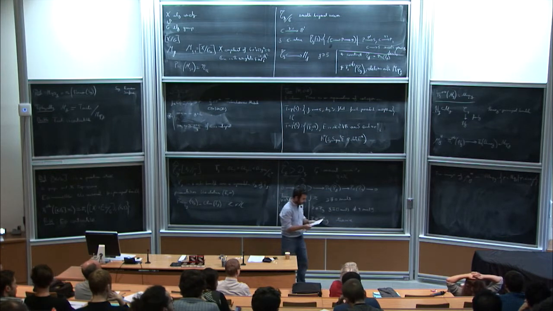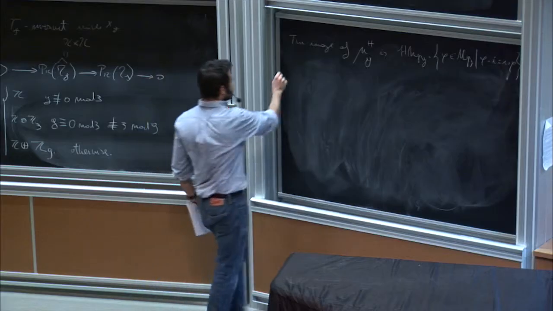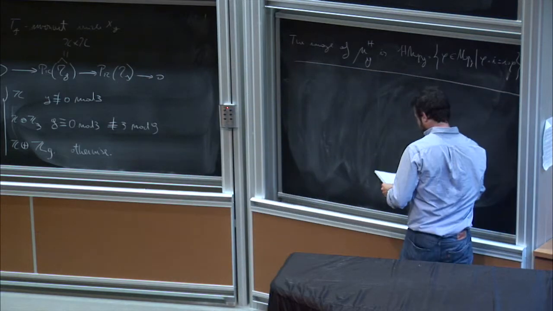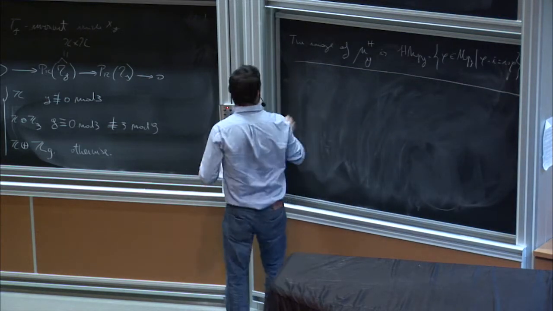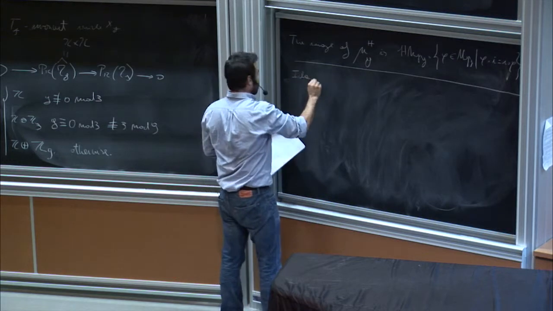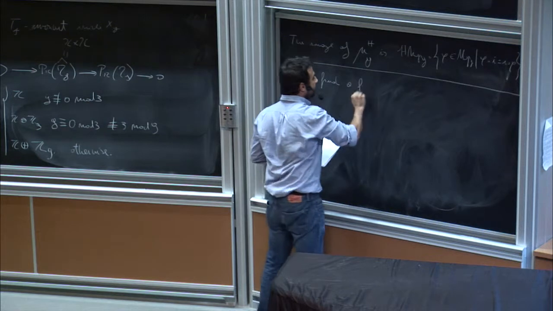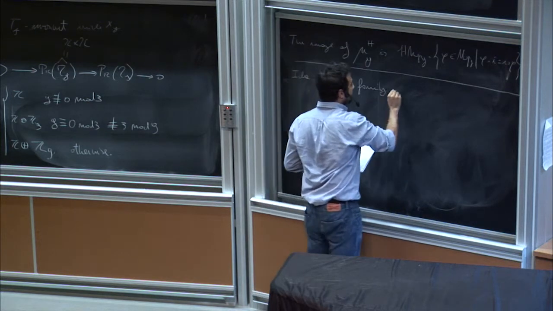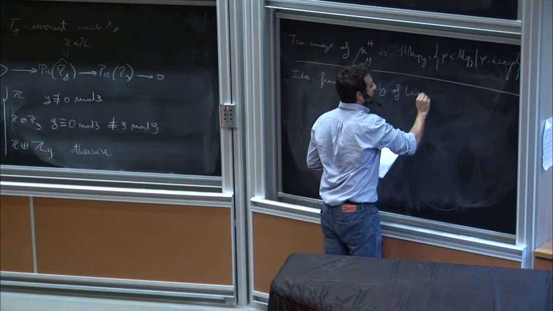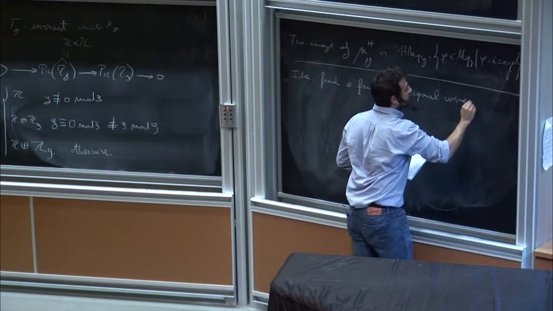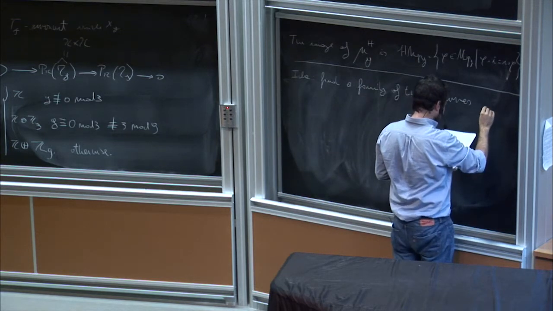So the idea is to find a family of trigonal curves with surjective monodromy.